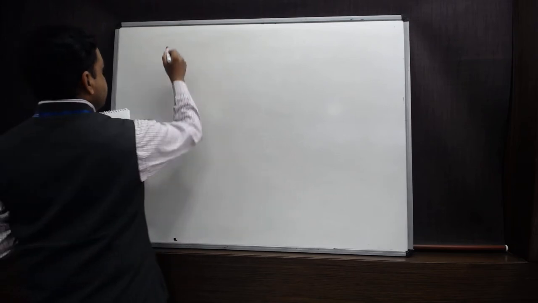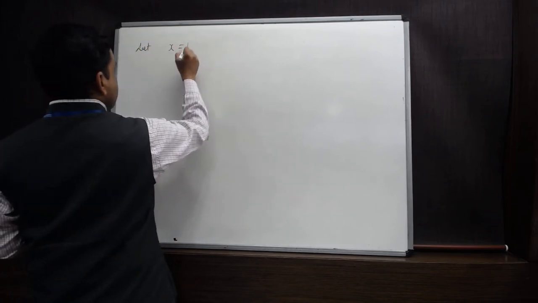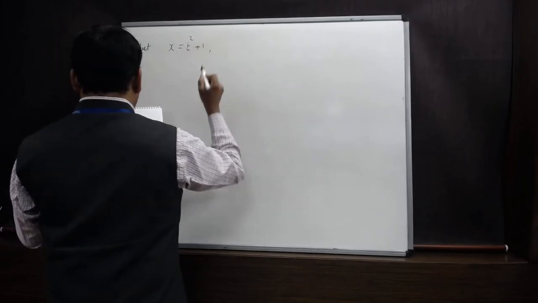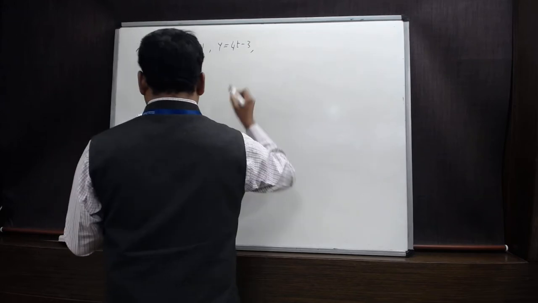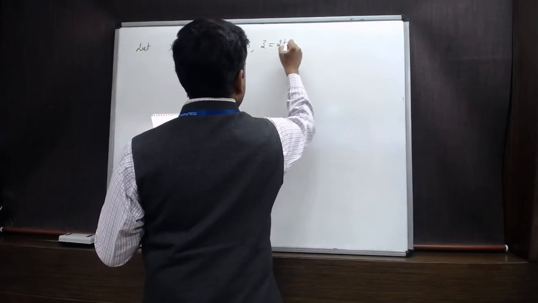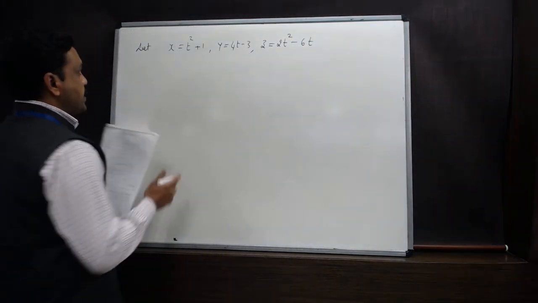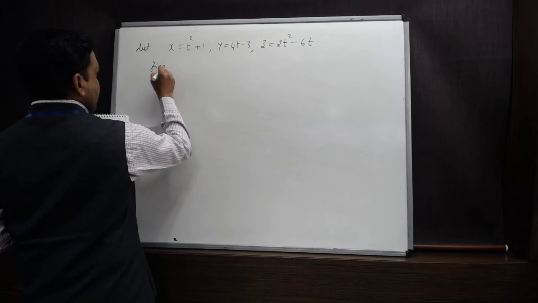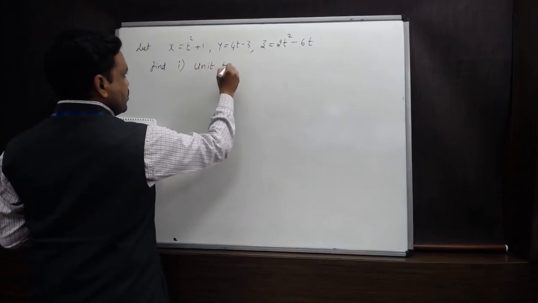Let x equal t square plus 1, y equal 4t minus 3, and z equal 2t square minus 6t. Find, first question, the unit tangent vector.